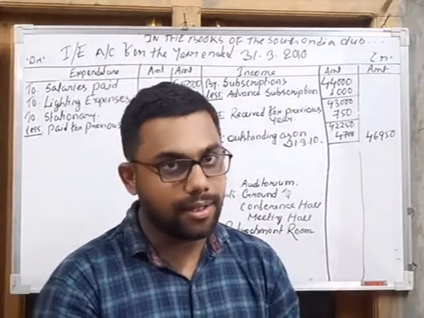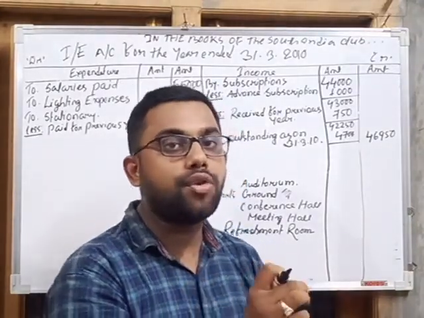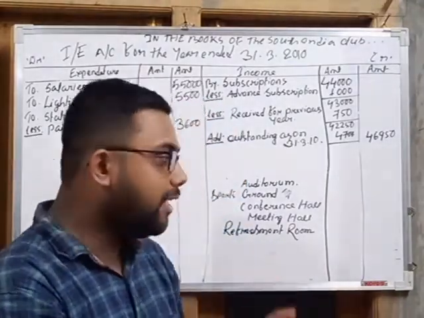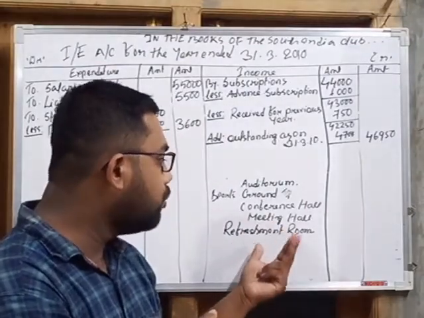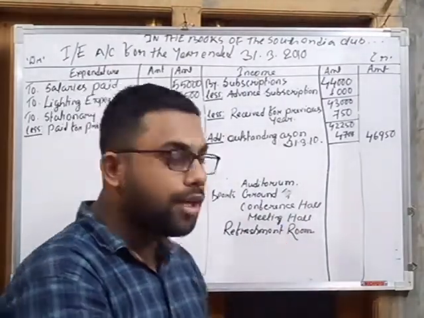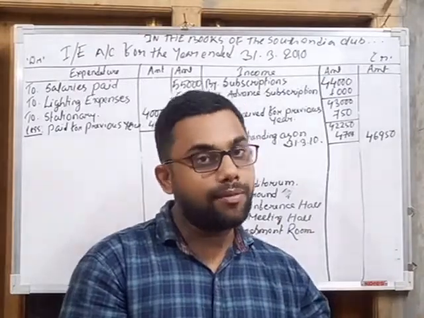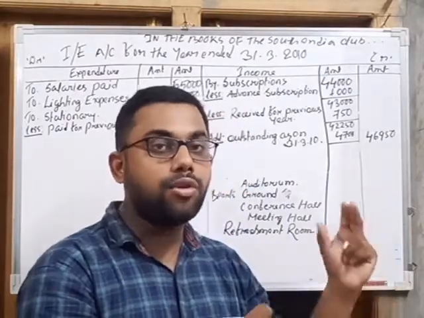So this is called net proceeds from refreshment room. That means the club has a refreshment room or conference hall or auditorium which they give on rent, and from this they have received income which is called proceeds.